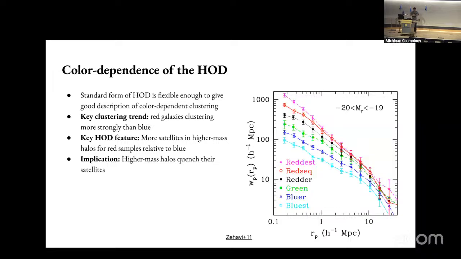Similarly, for satellites, you would draw from a Poisson distribution centered at the average number of satellites that fit in that halo. That would tell you how many satellites belong in that halo, and then you would sprinkle them in according to an NFW profile. So think about what you have at the end of that exercise. You have a catalog of host halos, and now you have essentially a set of points that have no features at all other than the fact that they represent galaxies that are in your sample.